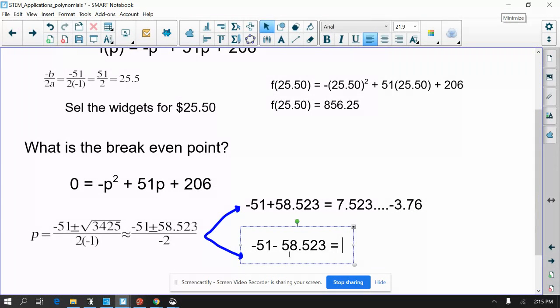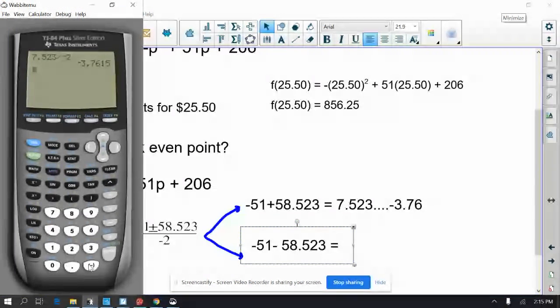Hopefully this one gives us something that makes sense here. So let's see. I've got negative 51 minus 58.523, and then divide that by negative 2. And I get 54.76.